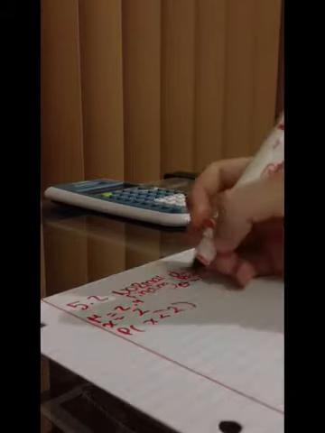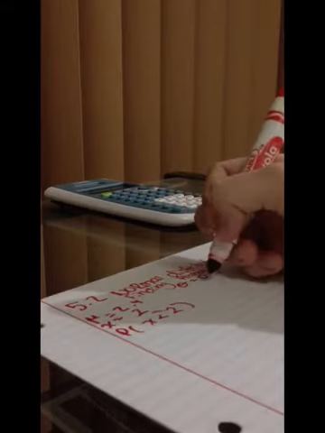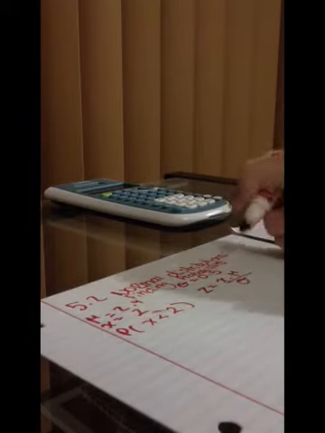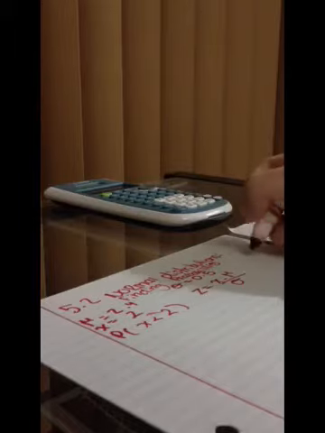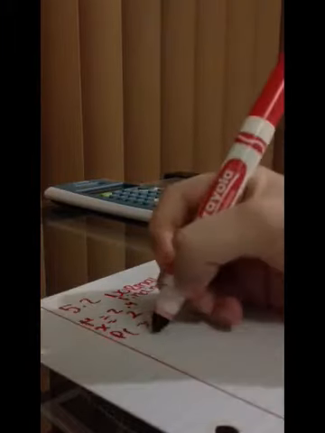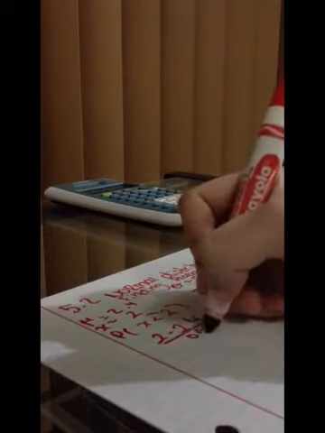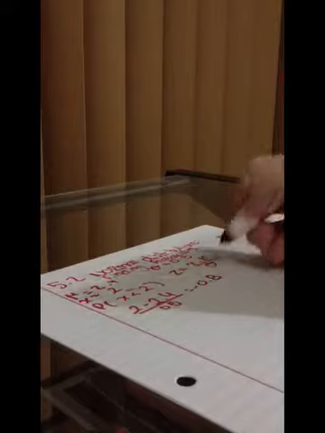First we're going to find the z-score of x, and we know that the equation for that is z equals x minus mu over the standard deviation. So we're going to fill that in, and that's going to be 2 minus the mean 2.4 over 0.5, which is negative 0.8.